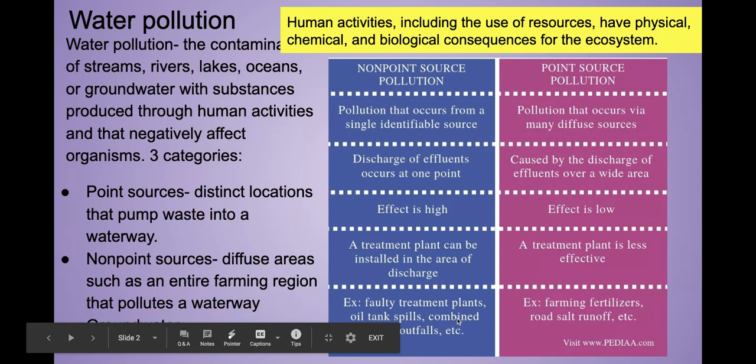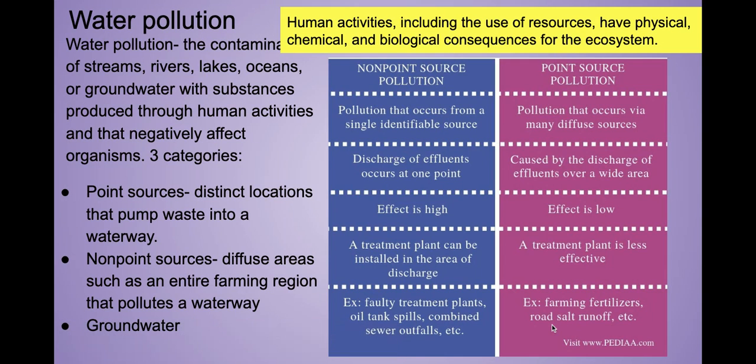And the examples are the main thing about knowing point source versus non-point source. So for example, a point source is going to be a specific pipe that comes from a farm, from an industry, but not from an urban area or from one city.